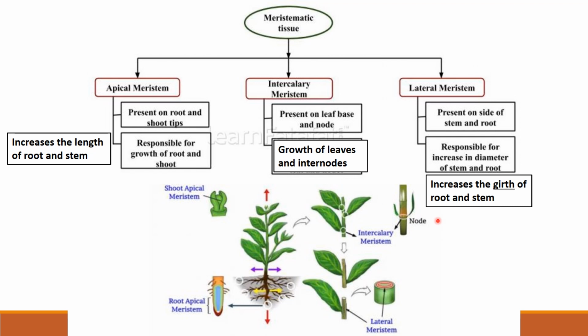Lateral meristems help in increasing the diameter of the stem and the roots, as well as in the formation of the thin or very weak stem into the huge, thick and hard bark. Okay, the diameter is also known as the girth. So it helps in increasing the girth of the stem and the roots.